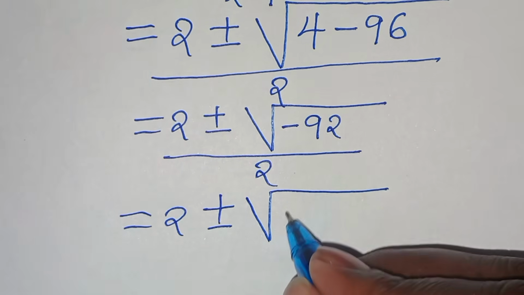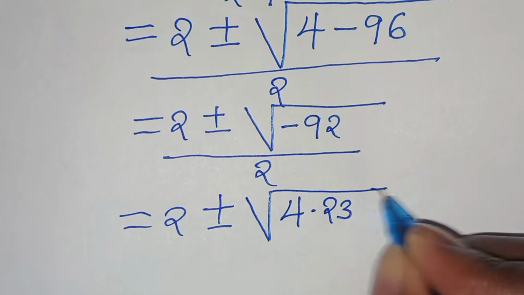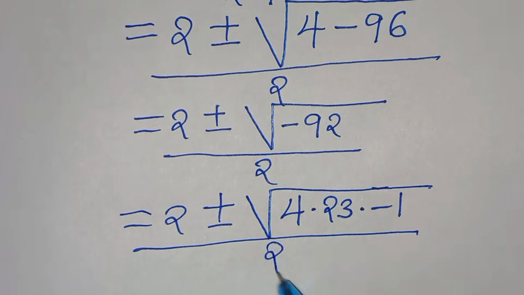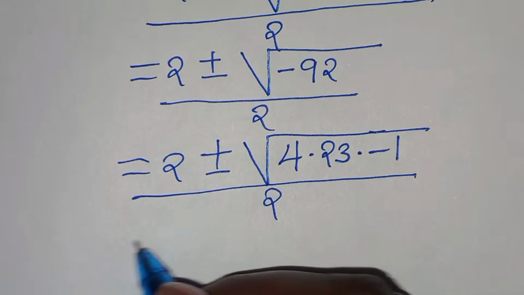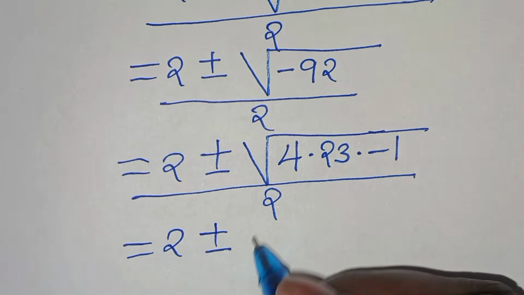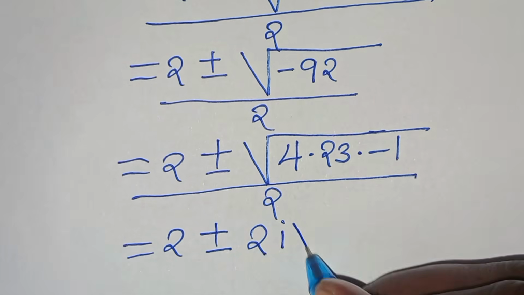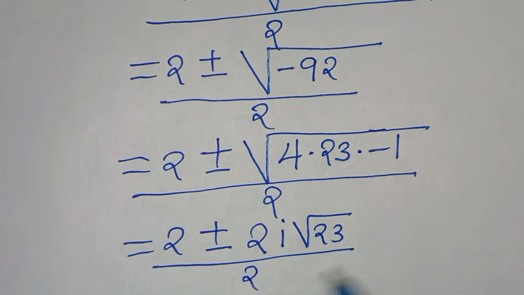We can express this as 4 multiplied by 23 multiplied by minus 1, everything here divided by 2. So this means we have 2 plus or minus the square root of 4, this is 2, square root of minus 1, this is i, then square root of 23, everything here divided by 2.